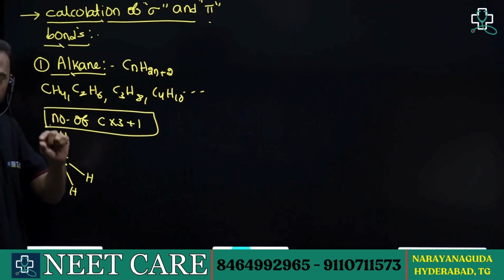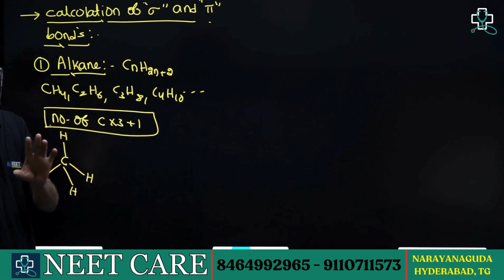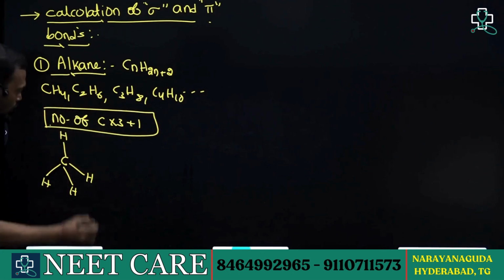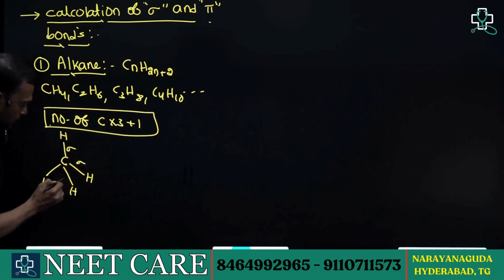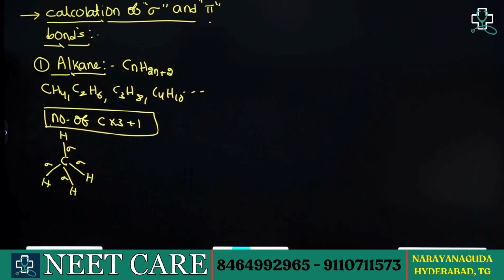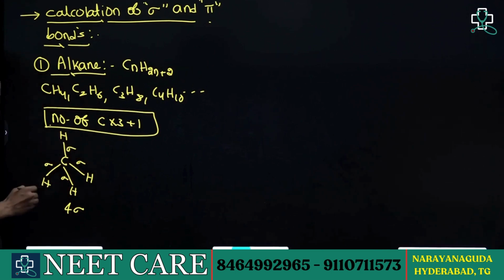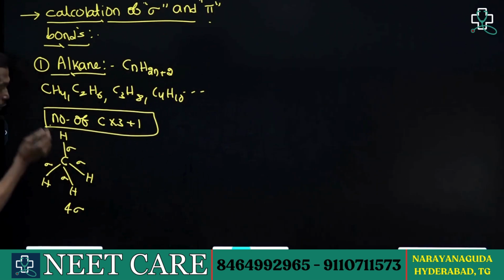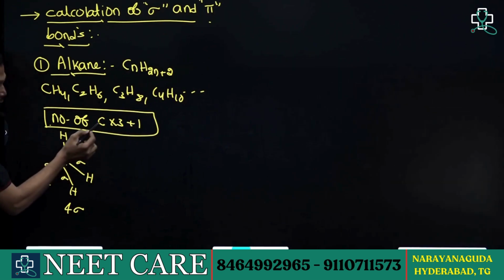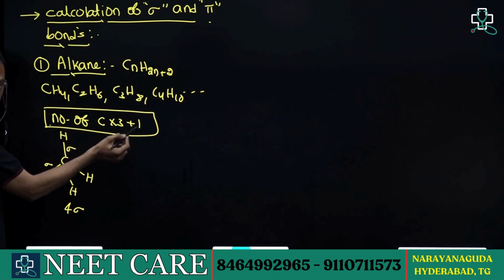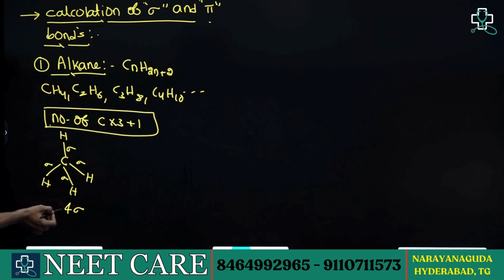The bond present between carbon and hydrogen, and carbon and carbon, are all called sigma bonds. Here it is sigma, here also sigma, sigma, sigma. Total 4 sigmas, so you get 4 sigmas. Now substitute in the formula. How many carbons are present in this molecule? 1. 1 into 3 is 3, 3 plus 1 is 4. You get this answer.